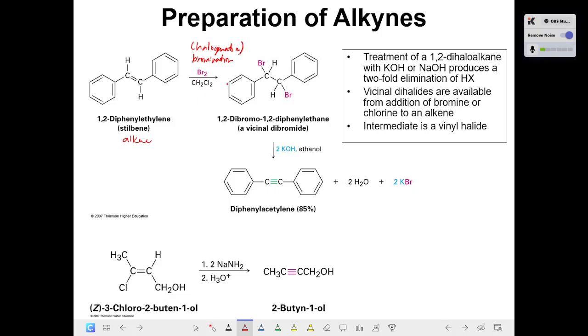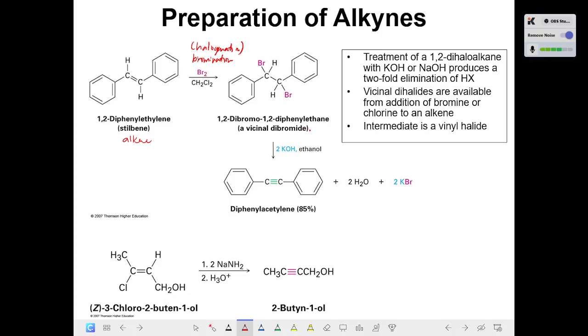Okay? So what will happen is, yung ating Br2 natin, it will split, and then it will react on the double bond. And the addition will be like this. So one Br here and another one here.